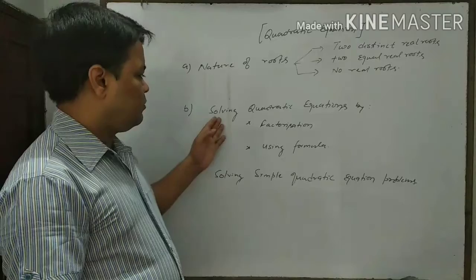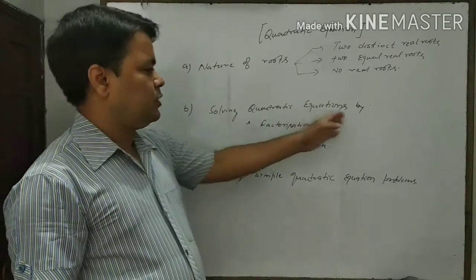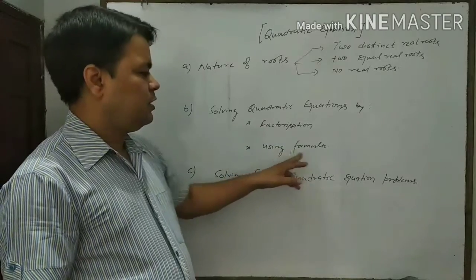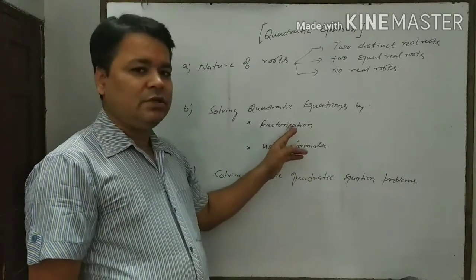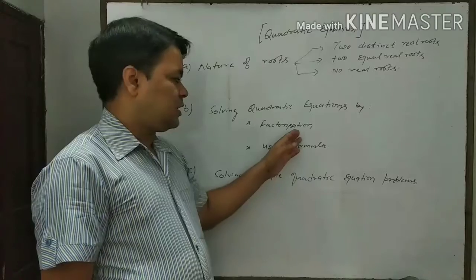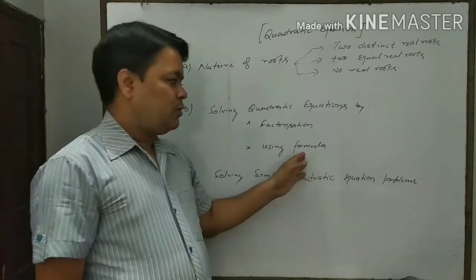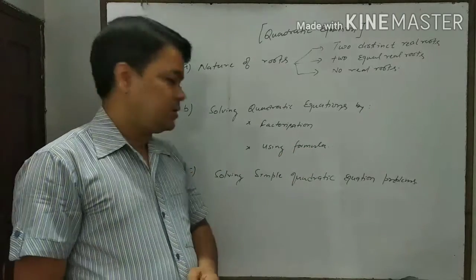The second will be solving quadratic equations by the factorization method and using the formula. Factorization we discussed in class 9th, and here using the formula is the new one. We will also discuss this in this topic.